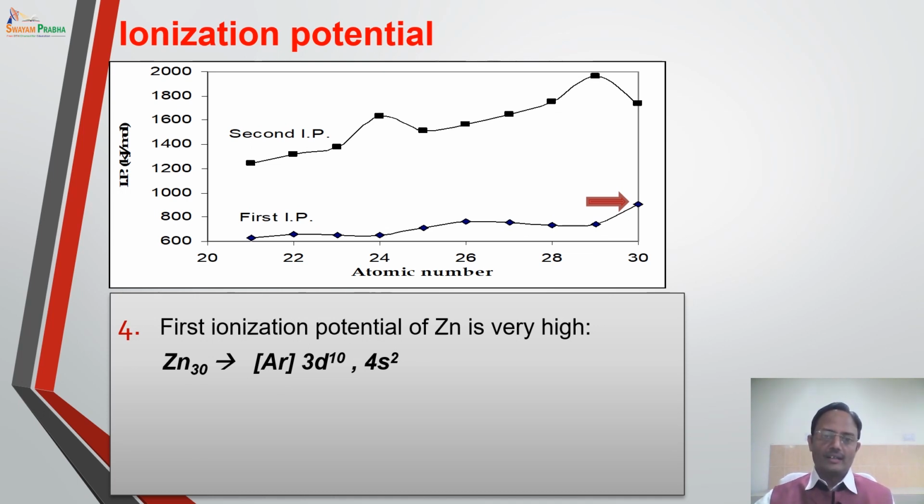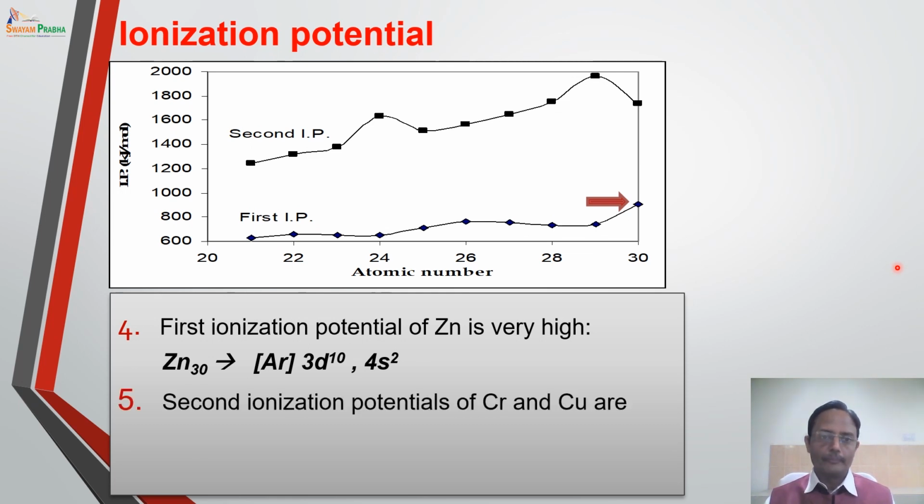You will find that the electron has to go from the 4s subshell, whereas the 3d is completely filled. Now this configuration is also called the pseudo inert gas configuration. What is the inert gas configuration? ns2 np6. Whereas the pseudo inert gas configuration is ns2 np6 nd10. So it means that the electron has to go from an extra stable configuration, and as a result the ionization potential of zinc is higher than expected.